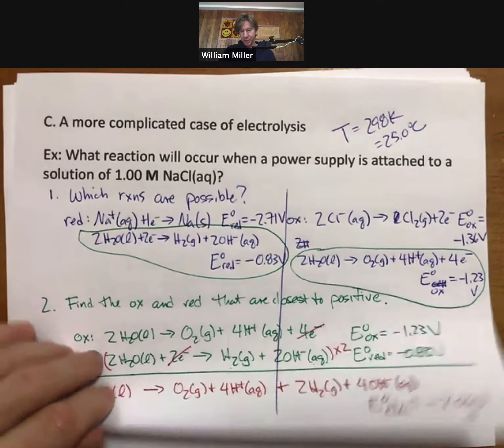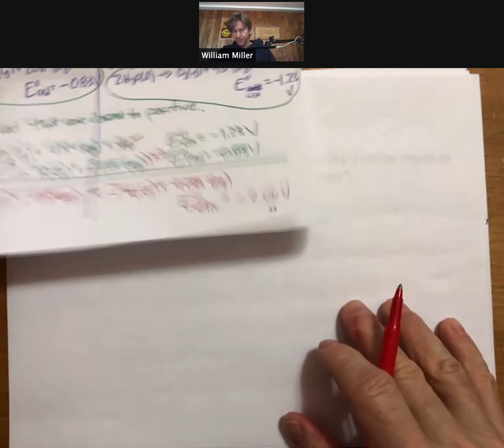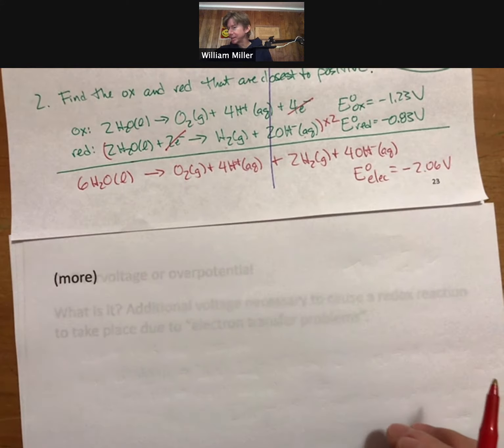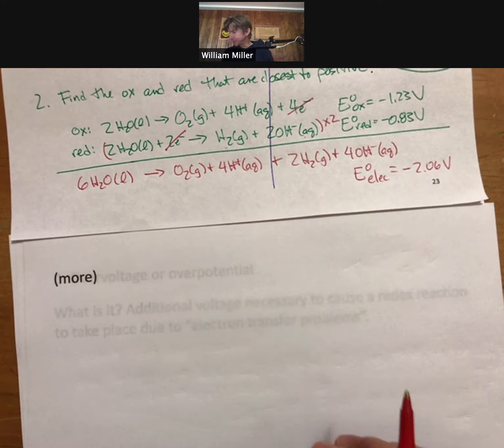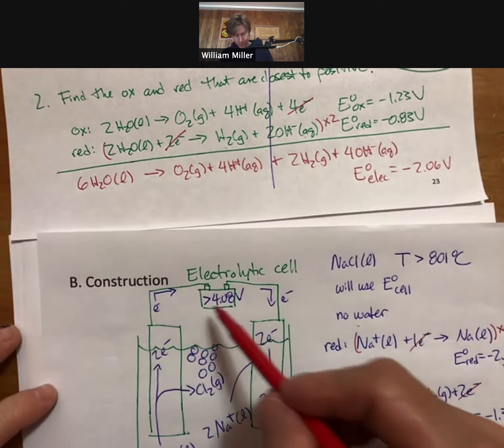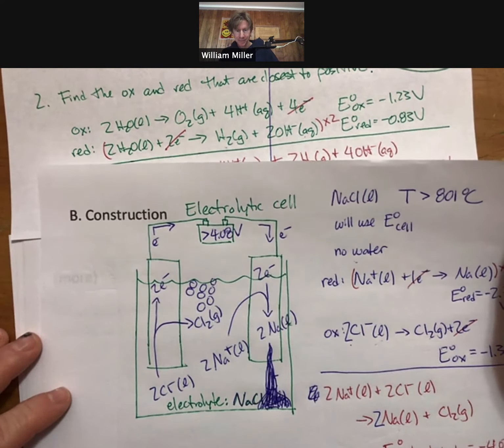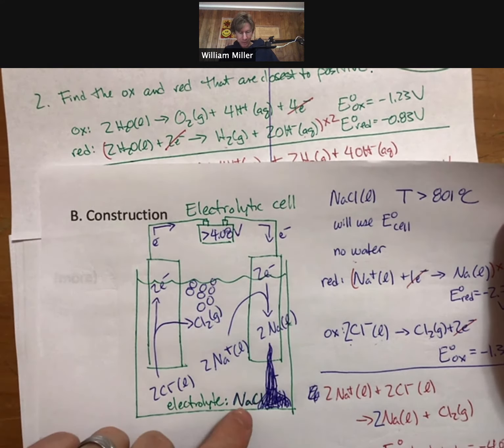And so when we construct this cell, we're going to do the same picture we already did before, the same idea. We're going to do the part that's in green here as an electrolytic cell. Our electrolyte this time will be 1 molar sodium chloride aqueous.